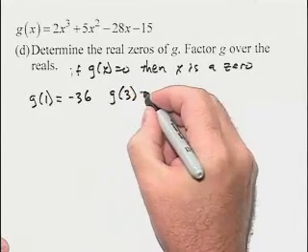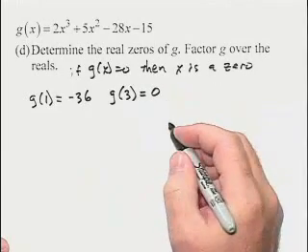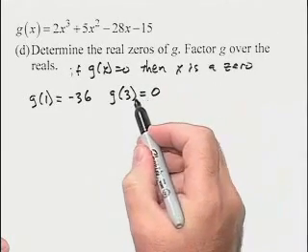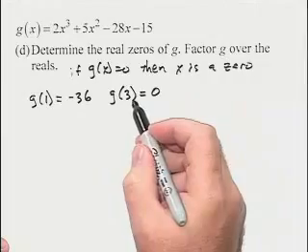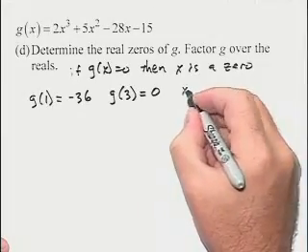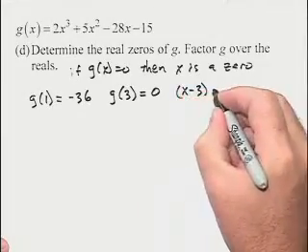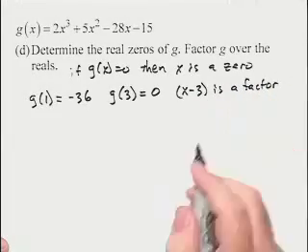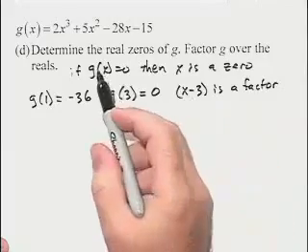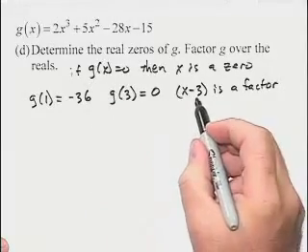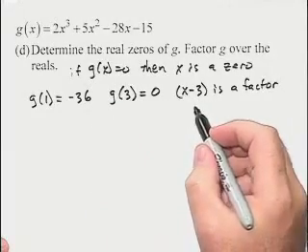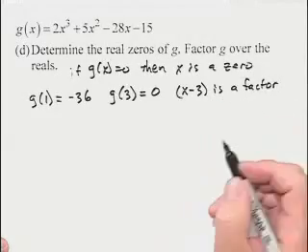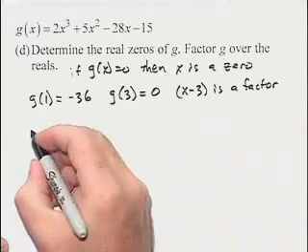We evaluate g of 3, we get 0. Since g of 3 equals 0, we know 3 is a zero of the function. Therefore, x minus 3 is a factor. Since we know x minus 3 is a factor of g, we can divide g by x minus 3 and get a reduced polynomial. To do that, we need to use long division.